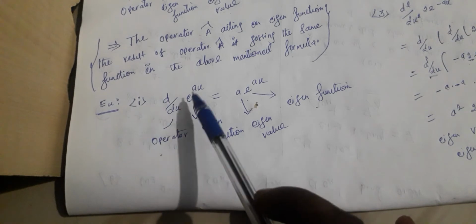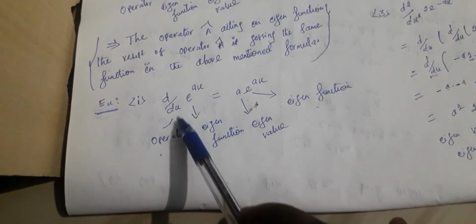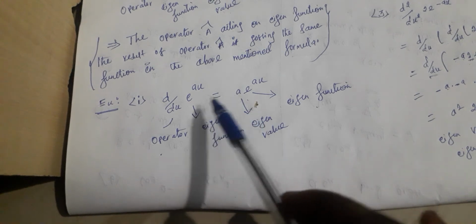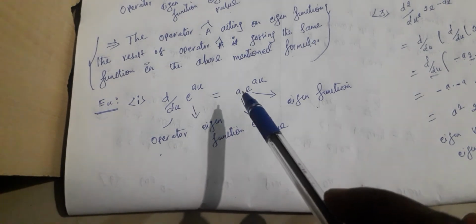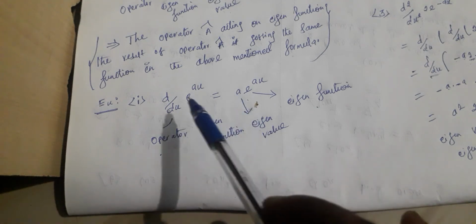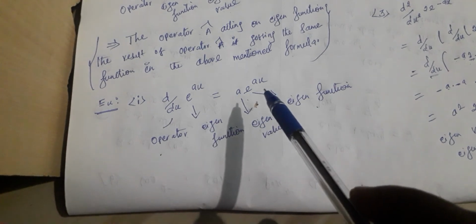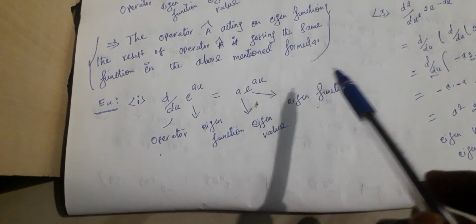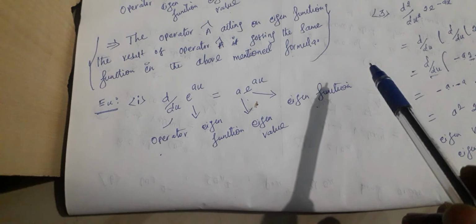First example: d by dx of e power ax equals. In a competitive exam, they may give options: option a, a; option b, minus a; option c, cos x; option d, sin x.